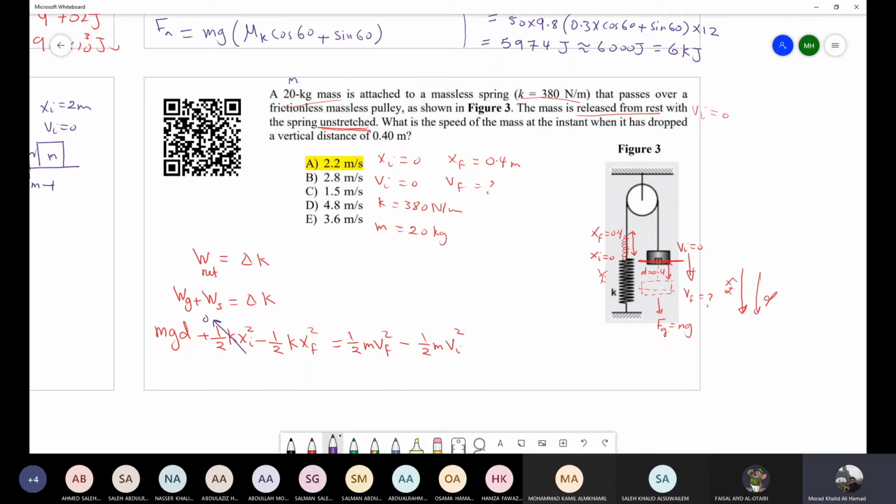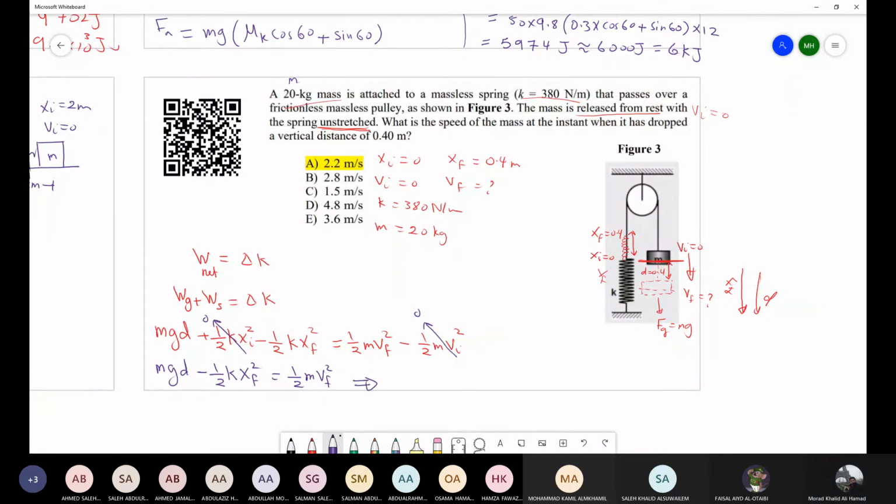And I know that v initial is 0. So I will end up with mgd minus 1/2 k x final squared equal to 1/2 m v final squared. He's looking for v final.